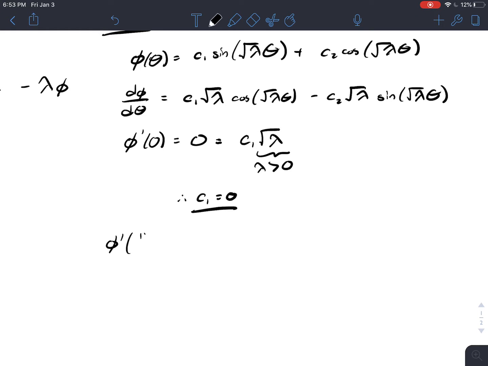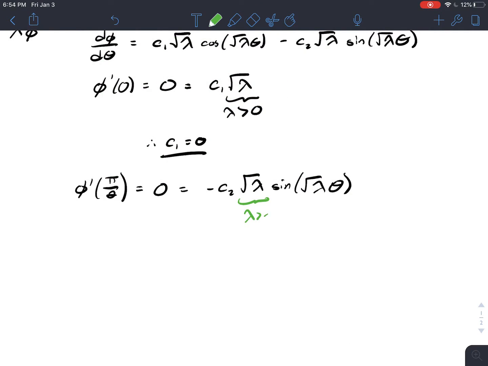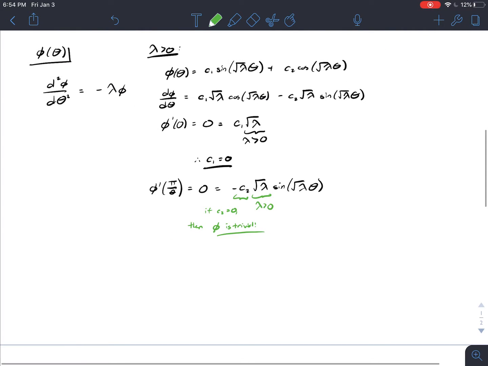Cool. Now let's evaluate the other boundary condition. The first derivative at pi over 2 is equal to 0, which is equal to negative c2 square root lambda sine square root lambda pi over 2. Like earlier, lambda is still greater than 0, but if c2 equals 0, then phi would be trivial, which doesn't really help us here.